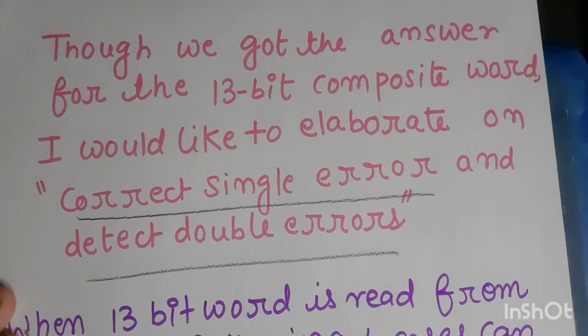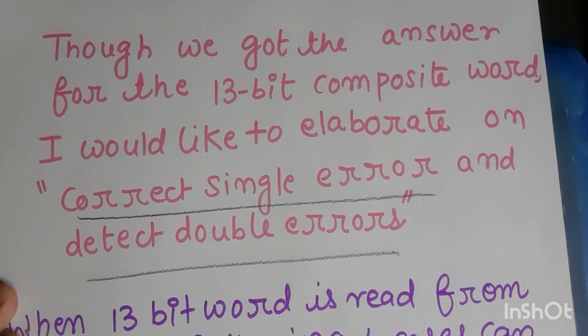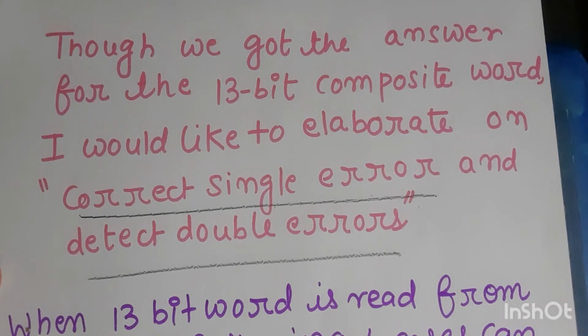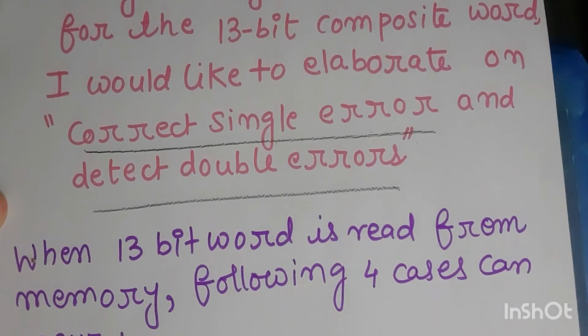So, in my last problem, we learnt about how to correct the single error and detect the double errors with Hamming code. But I would like to elaborate on this point and emphasize a few things.